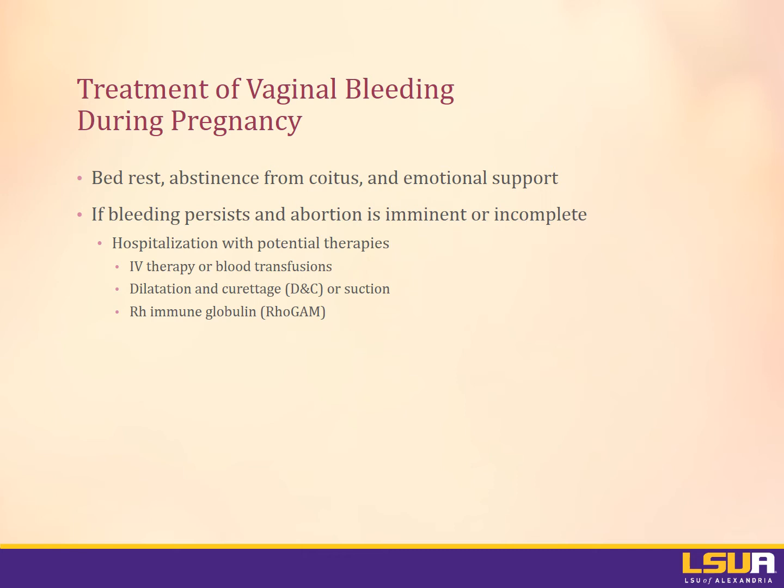She's going to need an IV, probably blood transfusions, a dilatation and curettage, or a suction to get rid of the products of conception. And more than likely, we're going to give her some RhoGAM because of the possibility of maternal fetal sensitization for future pregnancies.